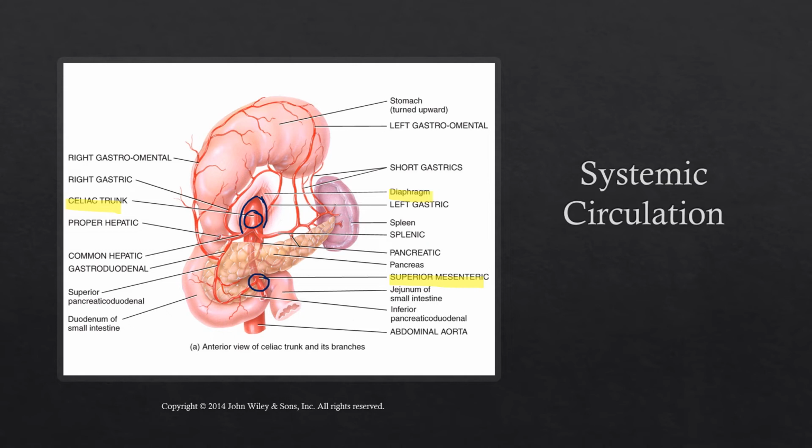Now here, the celiac trunk is the first visceral branch of the aorta inferior to the diaphragm, and it divides into three branches. These three branches of the celiac trunk are the left gastric, the splenic, and the common hepatic arteries.